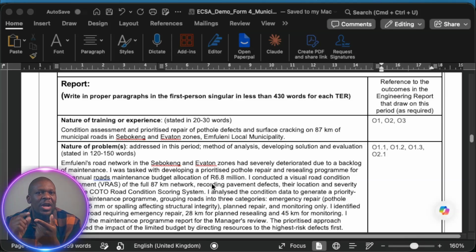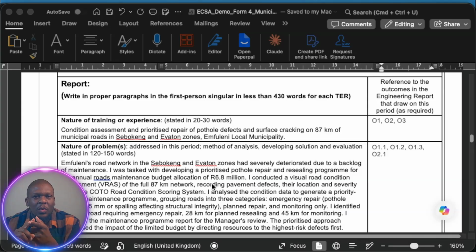Then you will then record the pavement defects. What are the pavement defects? Is it cracking? Is it potholes? Is it edge break? Is it stormwater? Whatever defect that you see, you capture it. The reason why you capture that, so that when you are now performing the implementation of the project, you are able to indicate what kind of remedial action you have to perform.